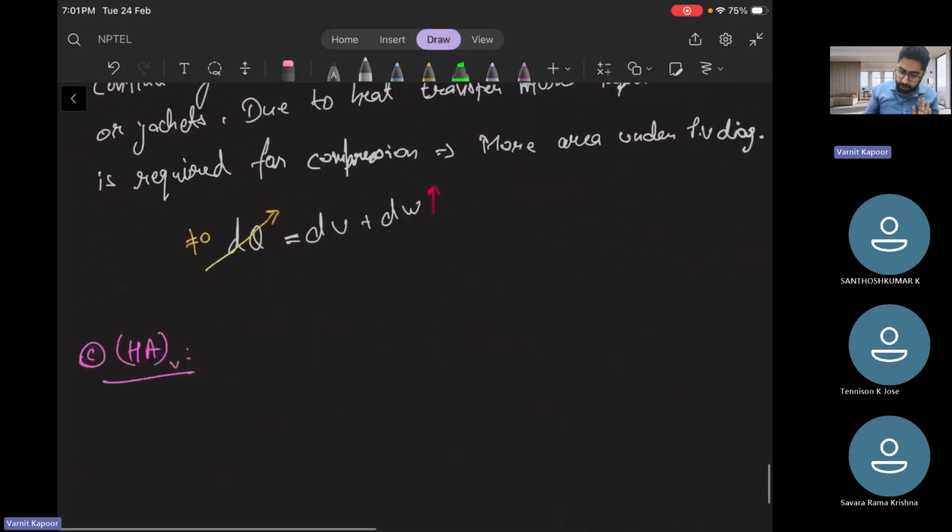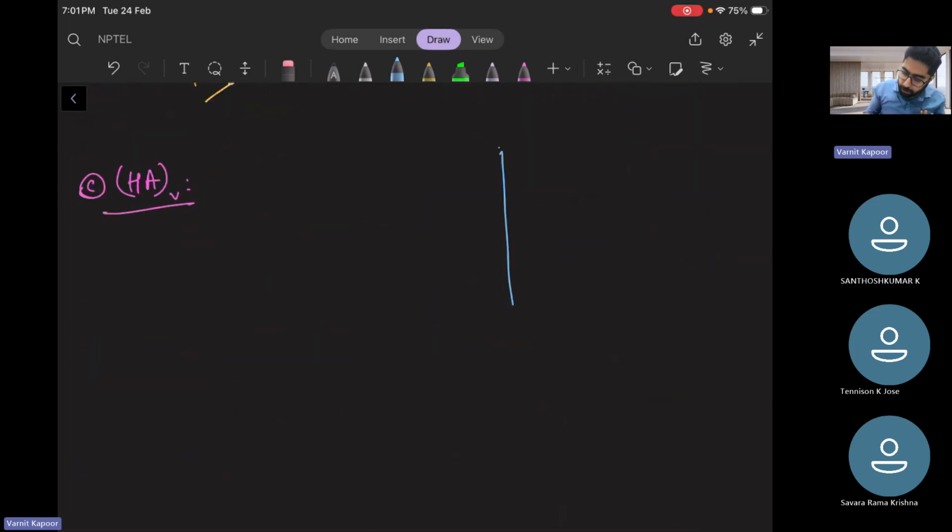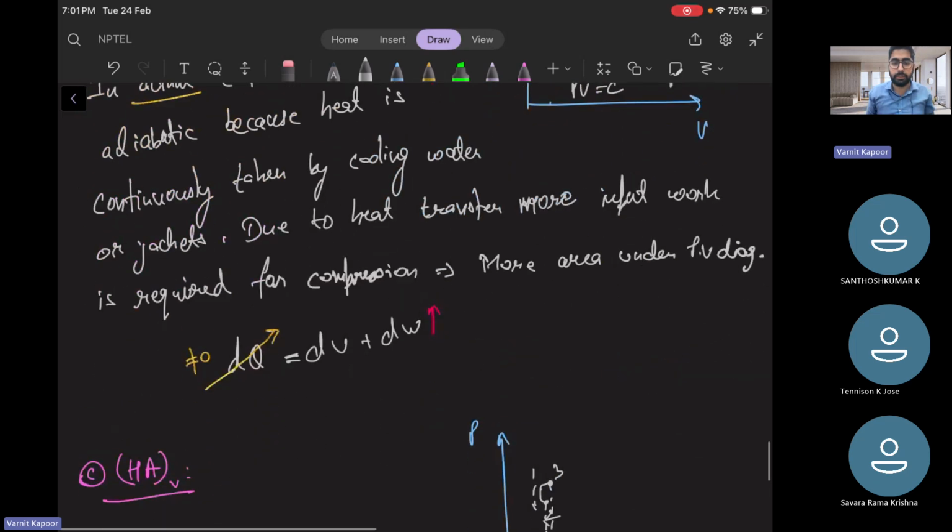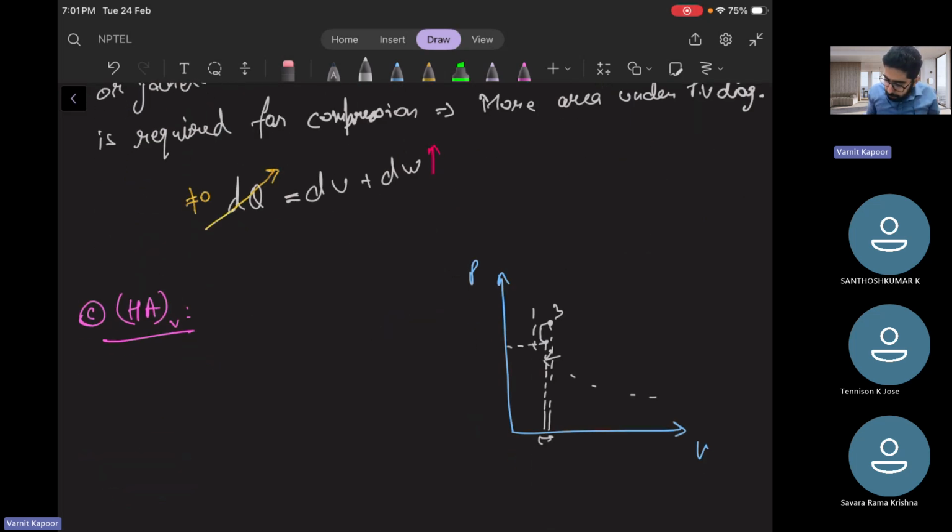So in actual scenario, if I say this is my PV plot and I want to show this process, what happens when the piston is reaching near, so the actual scenario was this, and this was the constant volume, but just before the heat in, spark will be provided for a minimum volume change. So the volume was here and here, so volume change is very minimal. The heat addition will happen. Okay, heat addition will happen for a very minimum volume change. Okay, and the pressure change will also be there. Okay, pressure has increased in the cylinder.